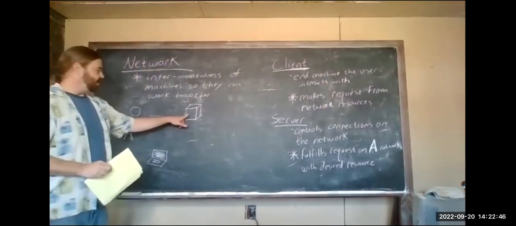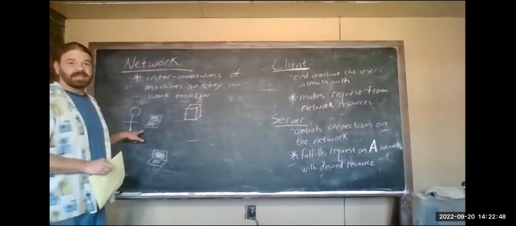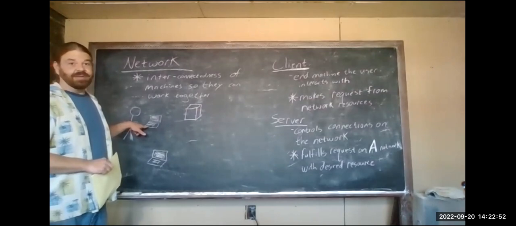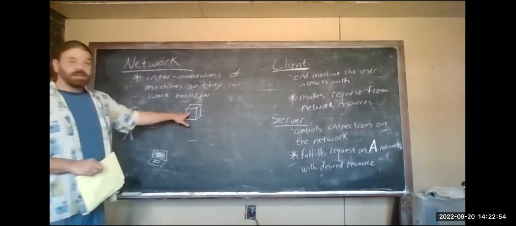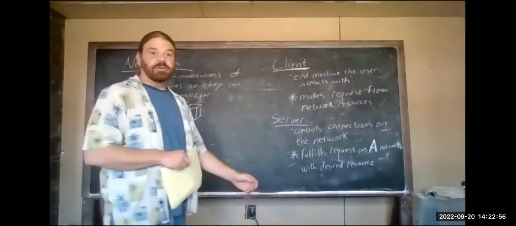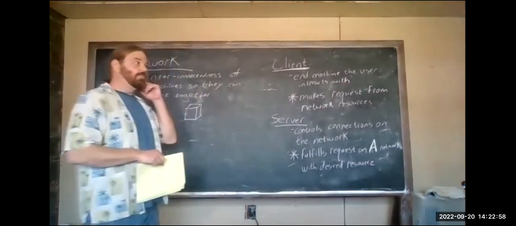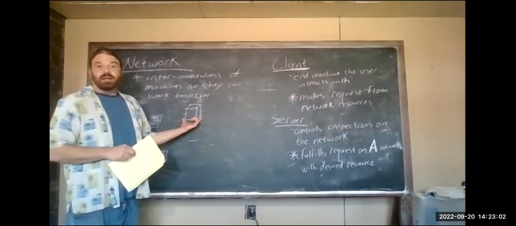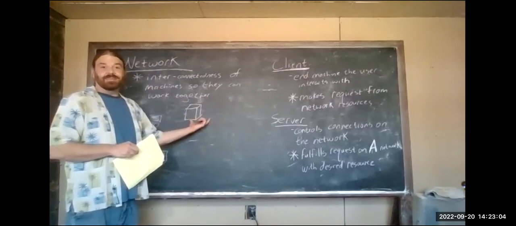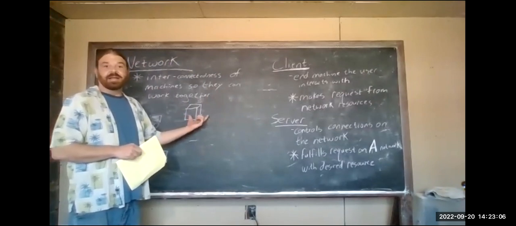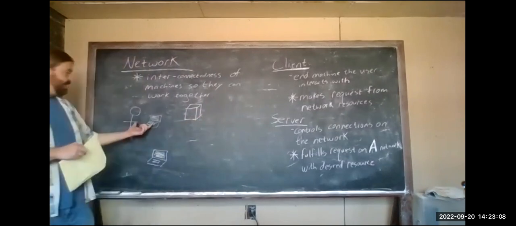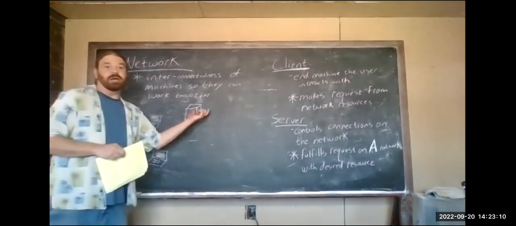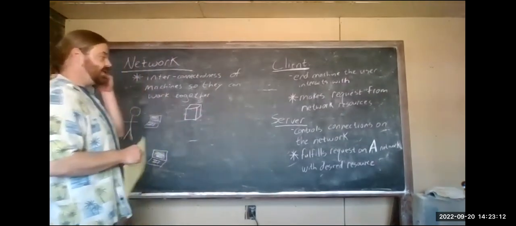The biggest thing to notice, as opposed to the clients, where you draw a quick picture of a laptop with the keyboard and the monitor, is that the server is just the tower, or whatever shape they come in. We usually draw it like the tower, but there's not a keyboard or a monitor or anything on this picture. The only way we can access it is from the client across our network. That's a big difference there.